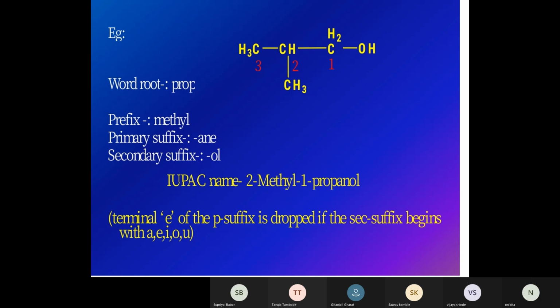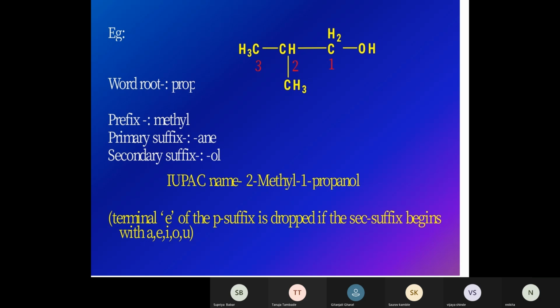Now see here, the primary suffix is ANE. So that is propane. But there is a functional group present. Whenever there is a functional group present, we write propane, and the E at the end is replaced by the OL.